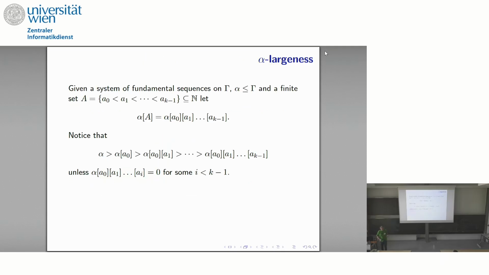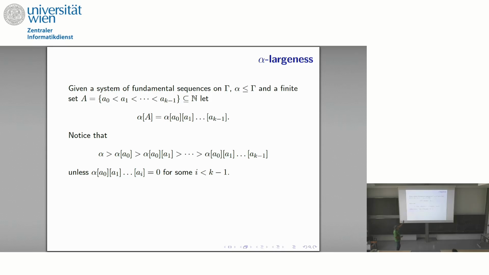So if you are given a system of fundamental sequences on gamma, here is the definition of alpha large. You take a set A, and you start from alpha, because you want to check whether A is alpha large. You apply alpha to the first element of A, the minimum of A, and you obtain a smaller ordinal. Then you have a system also for the smaller ordinal, and you apply the second element in A, and so on and so forth.